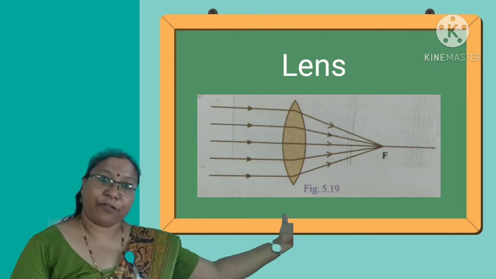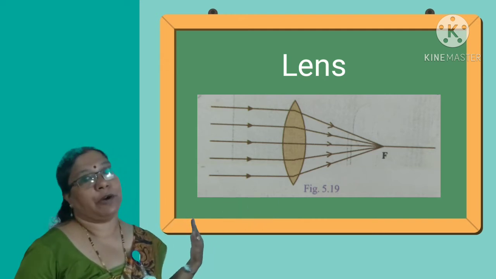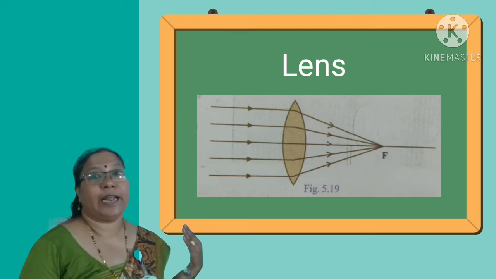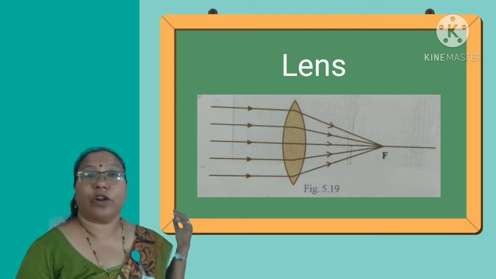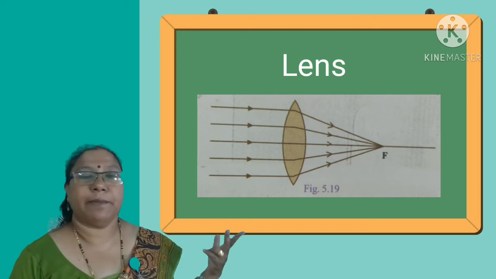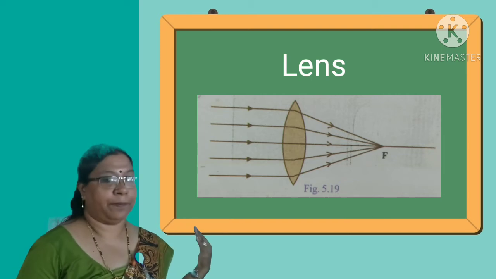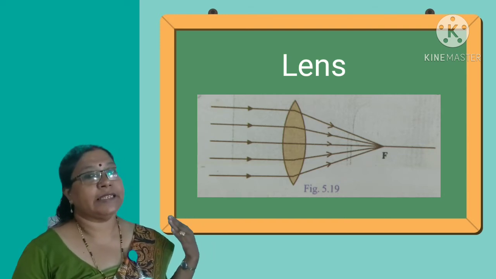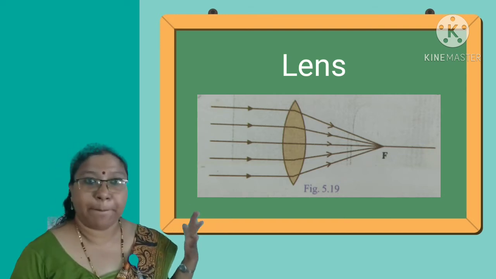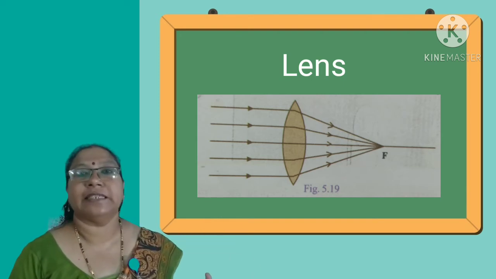Suppose rays of light are falling from the other side, that ray of light will converge at this point. So this side also you will get a focus. So for a convex lens or for a concave lens, there will be two principal focus, one on one side and the other on this side. Since the rays of light actually meet, the principal focus of a convex lens is real.